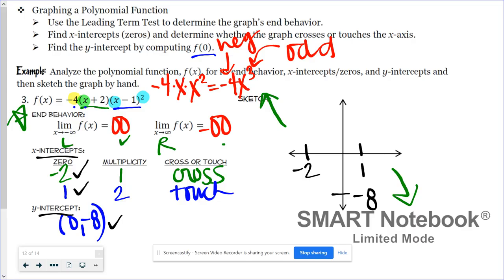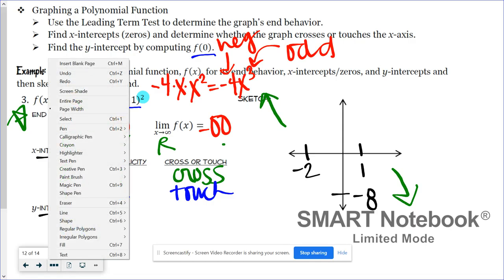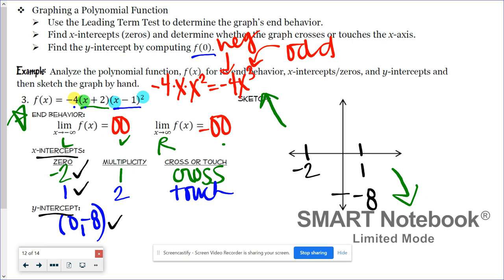So now we need to fill in what's happening in the middle. That's where I need to focus on what's happening at each x-intercept. Let's start with the x-intercept of negative 2. It crosses the x-axis, so I do need to show it crossing.